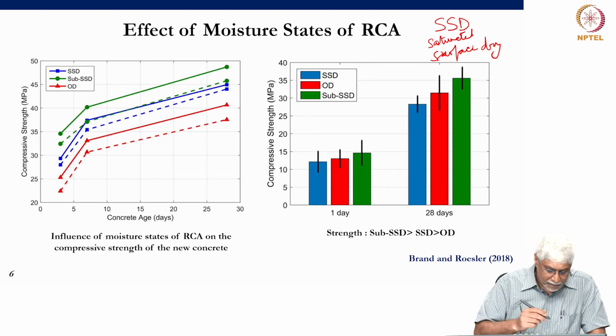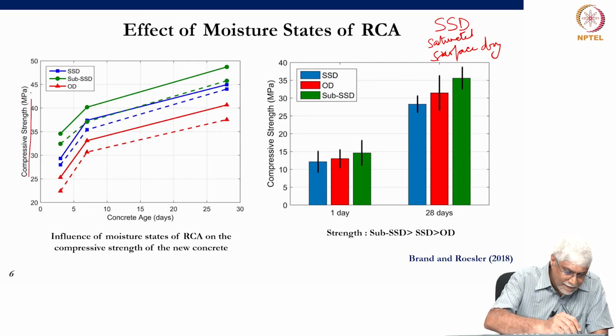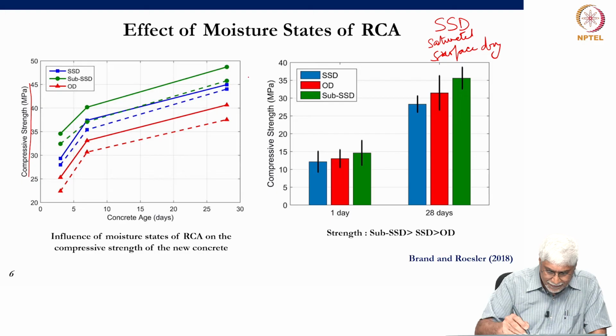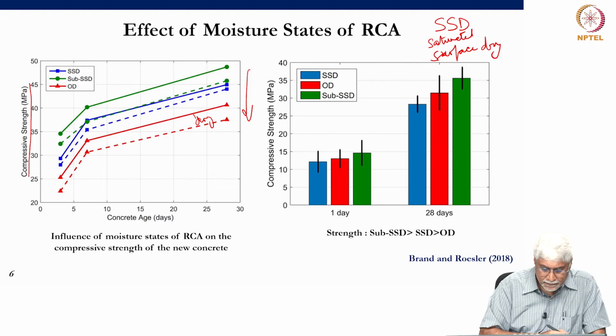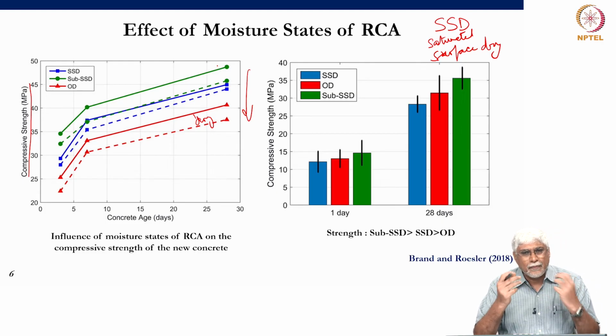And here on my left, you see that the compressive strength is less when we have oven dry. So this is dry concrete than when it has some water in it, because when the aggregate is dry, it absorbs water from the cement mortar, the new cement mortar, and therefore you are leaving the interface a little bit drier because some of the water has been removed.